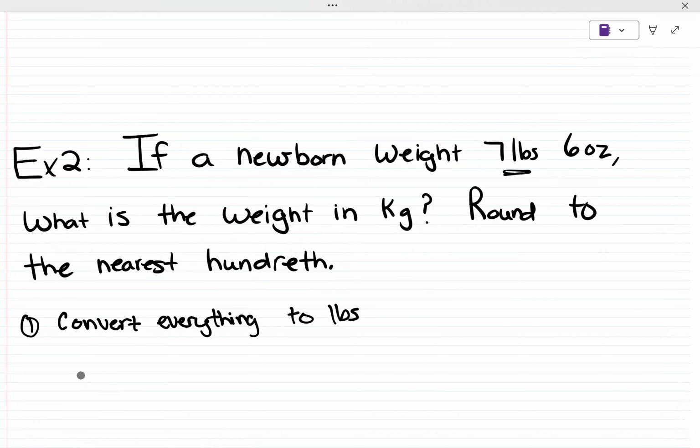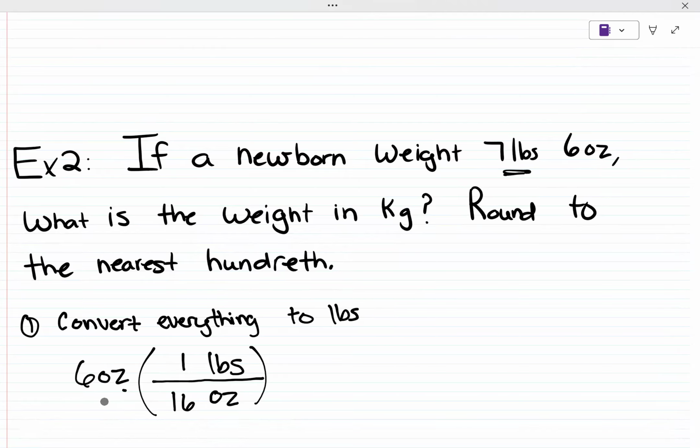So 6 ounces times, and then you're going to put ounces on the bottom and pounds on the top. This is something you must know. What is the relationship between pounds and ounces? We know that for 1 pound, there's 16 ounces. Then you can put an invisible one, and as you can see, the ounces disappear and you're left with pounds.